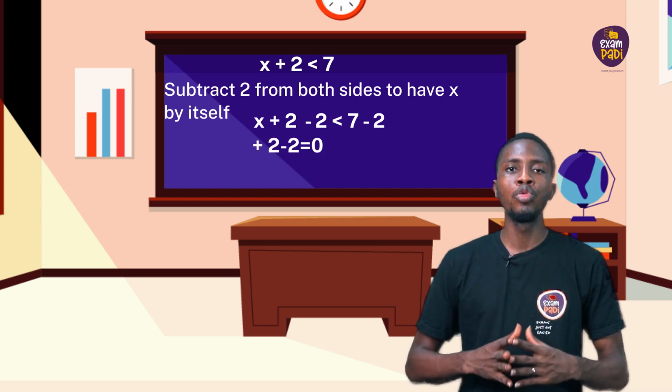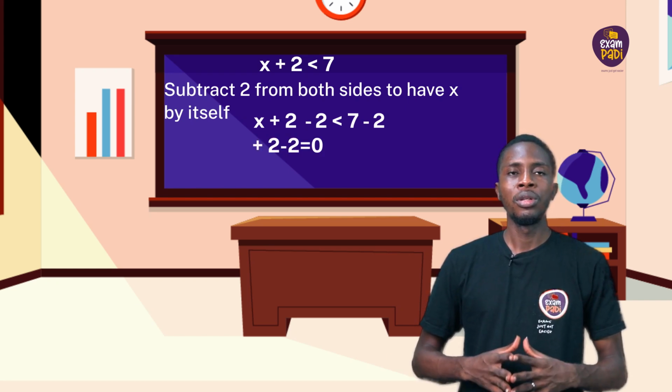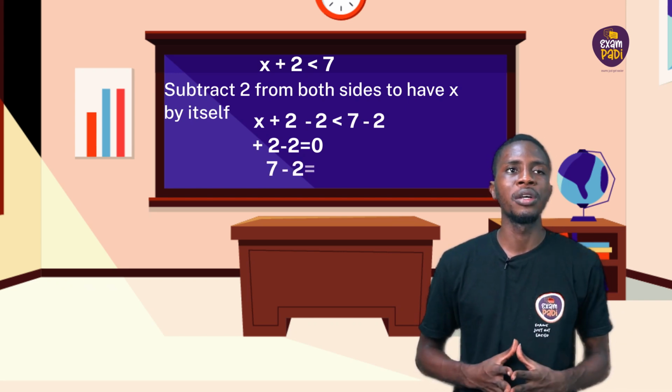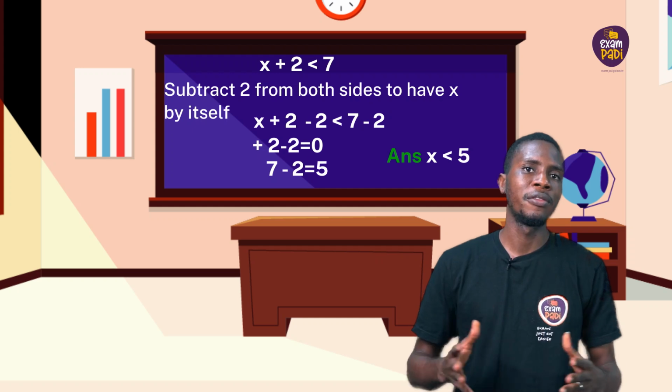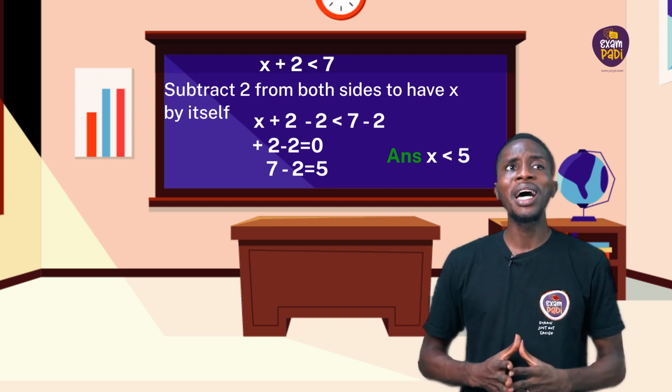Plus 2 minus 2 gives 0. 7 minus 2 is 5. Our final answer is x less than 5. Remember that the new rule for inequalities only applies to multiplying or dividing by a negative number. You can still add or subtract without worrying about the sign of the inequality.